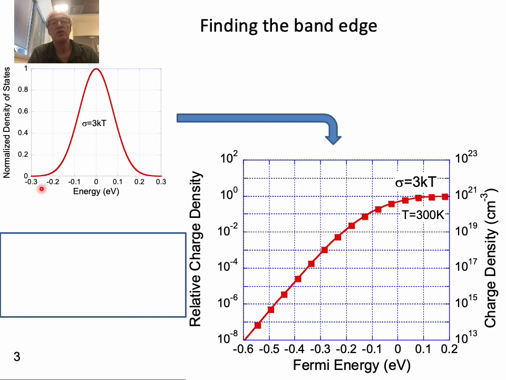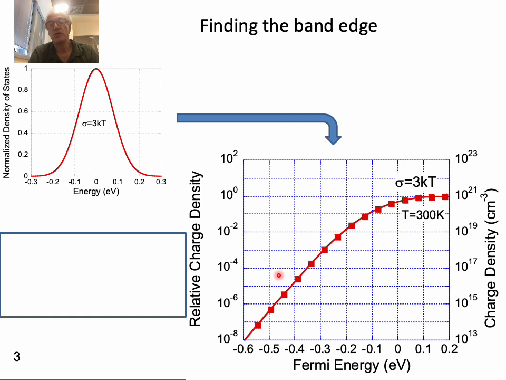And we can apply the full Fermi integral over this density of states and find the relation between the charge density and the position of the Fermi level relative to the center of the Gaussian density of states. So really we don't need anything like the band edge.